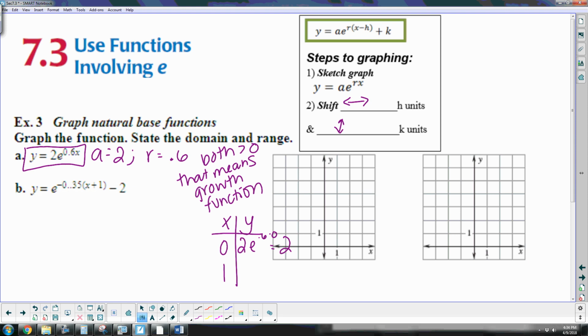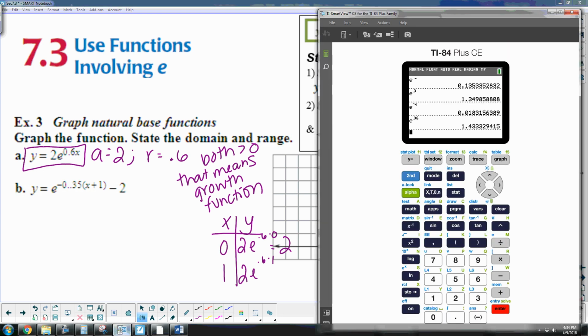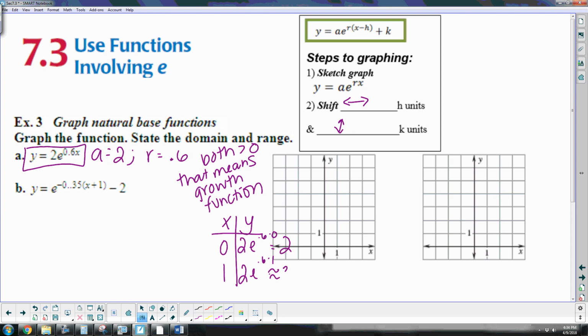And in the second one, where our x is 1, we have 2 times e to the 0.6 times 1 power, which is 2 times e to the 0.6 power, and you'll use your calculator for that. So 2 times e to the 0.6 power, which gives us about 3.64. Okay, so we can graph those points. So 0, 2, and we know that it's a growth function, and 1 and 3.64.